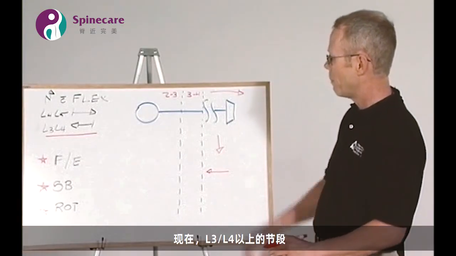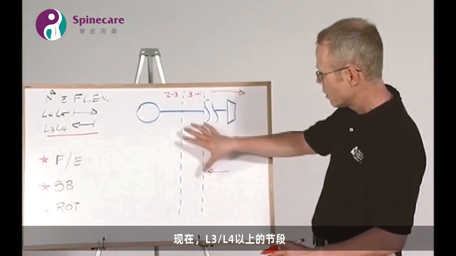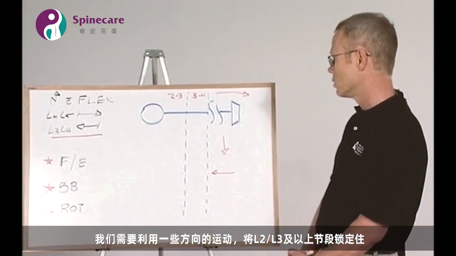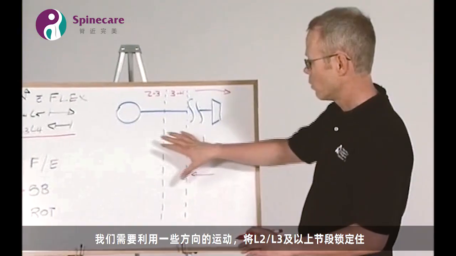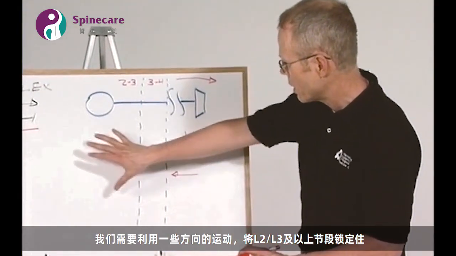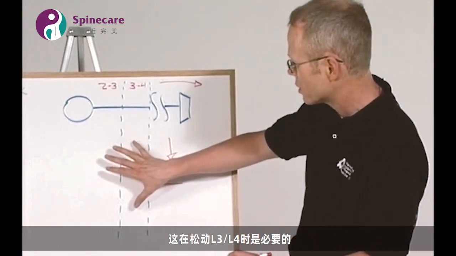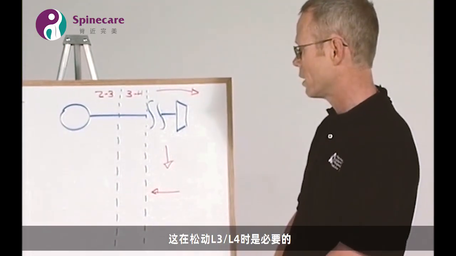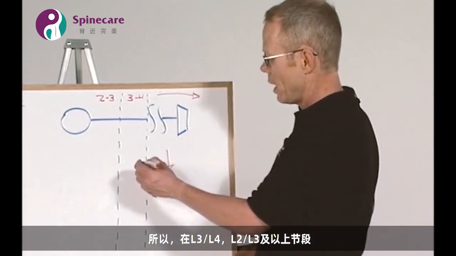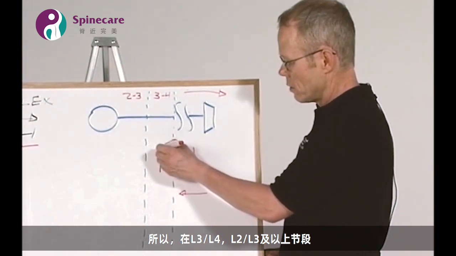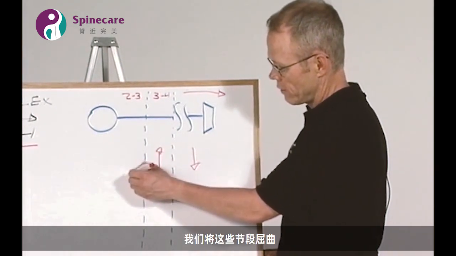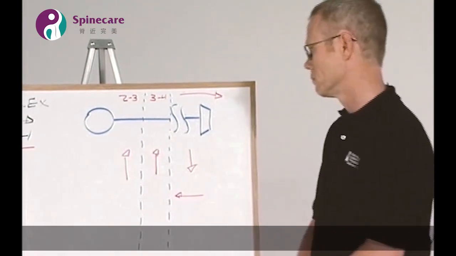Now, above L3-4, we're going to want to use some movements that will lock L2-3 and above and then accentuate the mobilization we want at L3, L4. So, at L3, L4 and L2-3 and above, we're going to flex the segments.